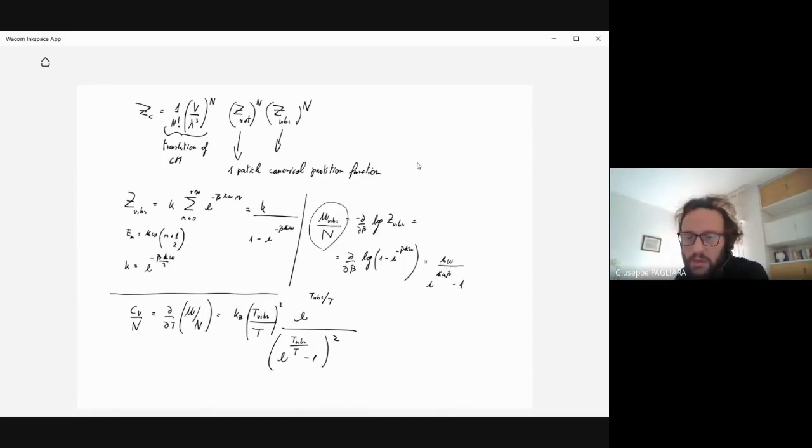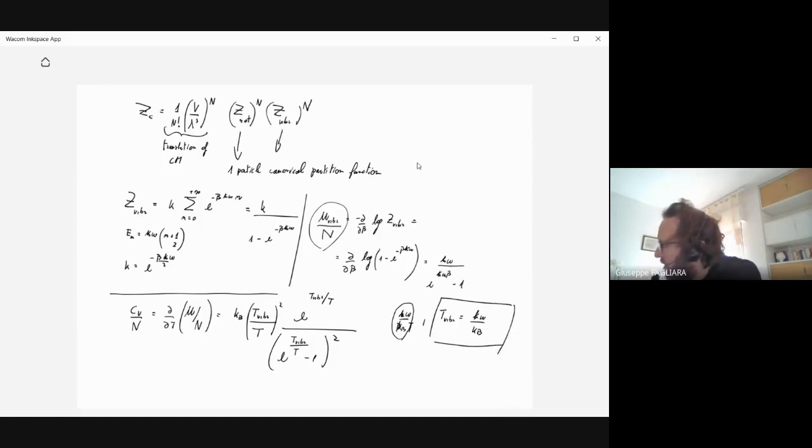What is this T vibrational? You see here that I have in the exponential a beta times h bar omega. So if I do h bar omega divided by kB T, of course, this must be a temperature, and therefore we can indicate with T vibrational this h bar omega divided by kB.